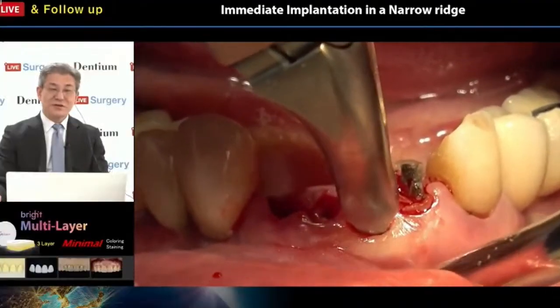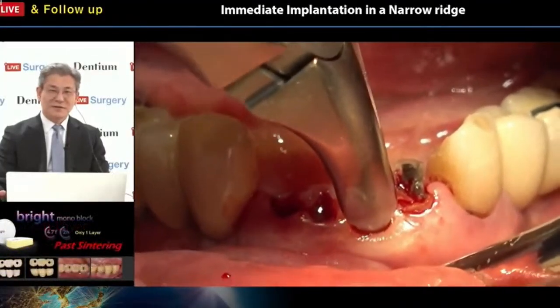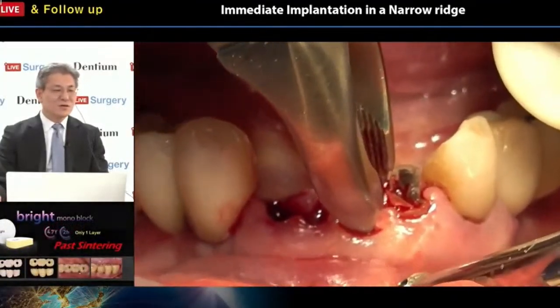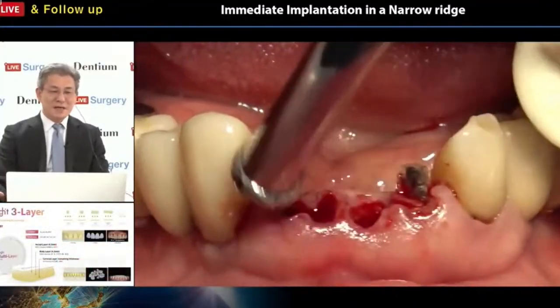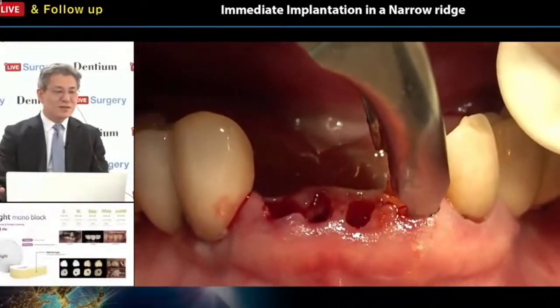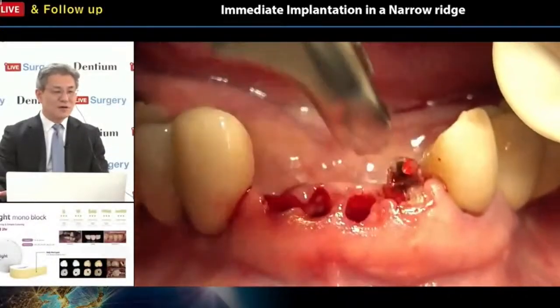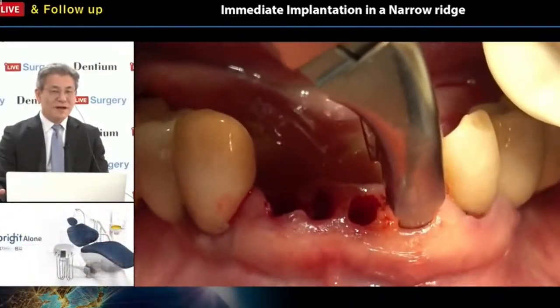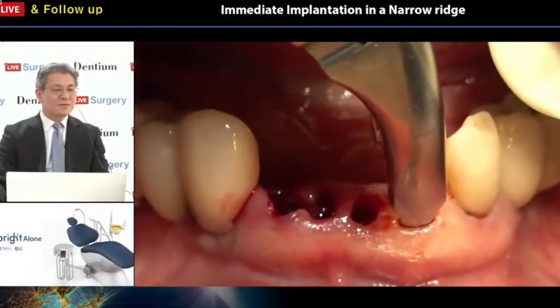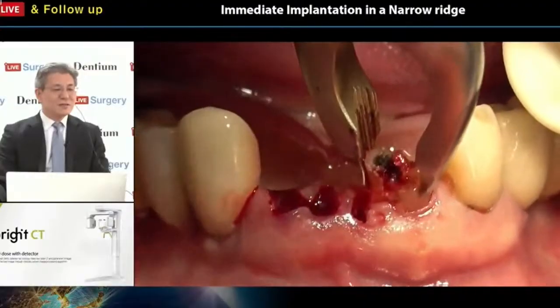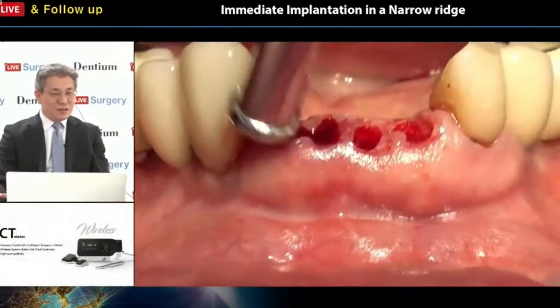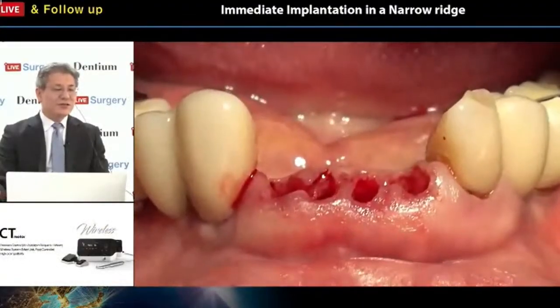The upper anterior area is totally different, you know. The upper anteriors are engaged with the aesthetics, so we may consider more factors. However, lower anteriors are a little bit easier than upper anterior.